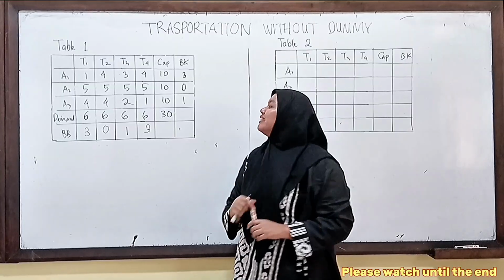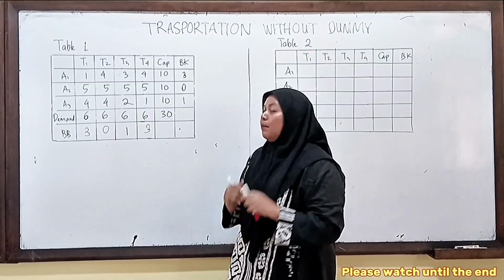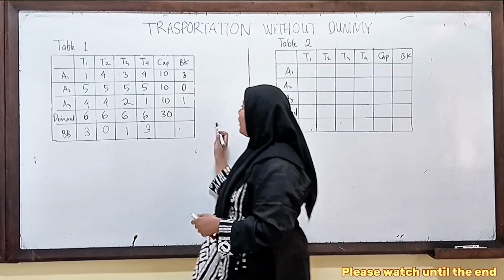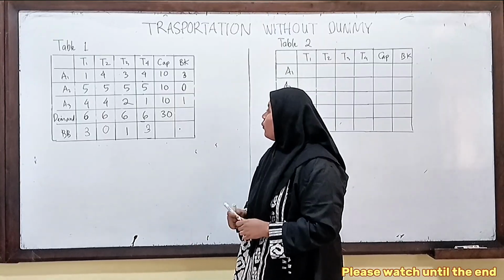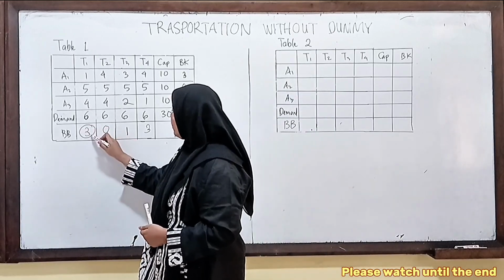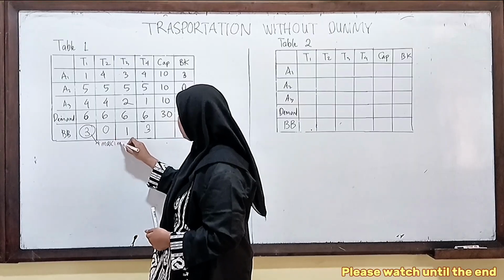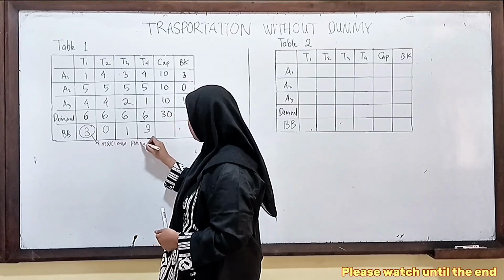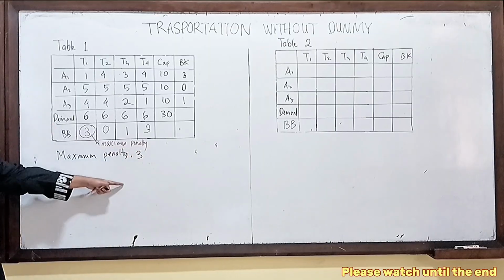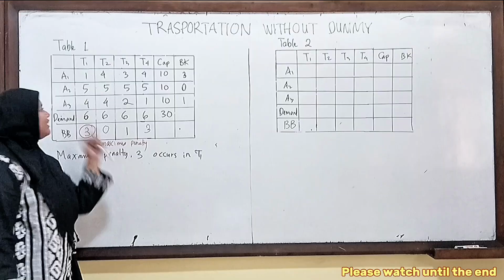For the next step, we choose the largest penalty. Here we can choose 3 as the maximum penalty, which occurs in T1.